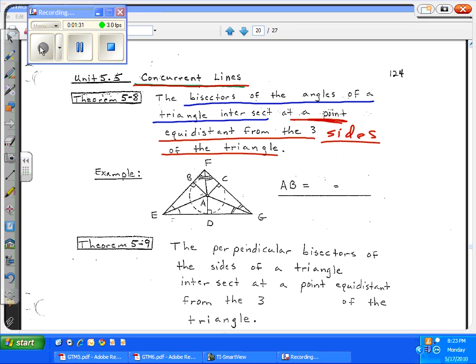So let's look at the picture here. When we talk about the angle bisectors, the bisector of angle E, that big angle E, looks like that's a little wiggly there. Let's try that again. That would keep going, you see, the bisector of the angle. And then the bisector of angle G would do something like this, and it would keep going.